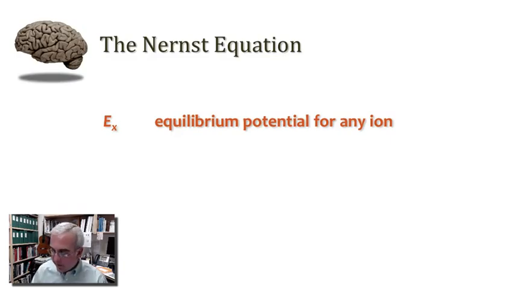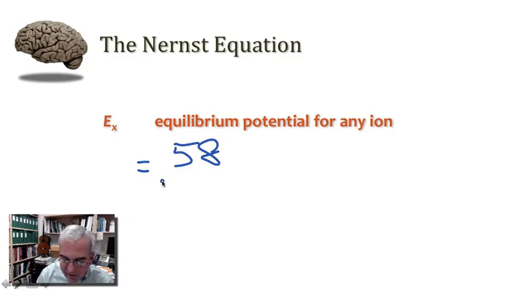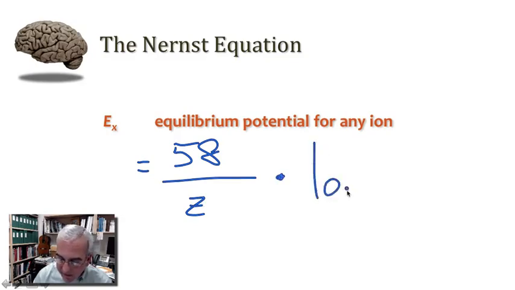Well, if we were to do all that, we can express the Nernst equation in fairly simple terms. We can say that the equilibrium potential for any given ion is equal to the number 58 divided by the valence term of that ion times the log base 10 of the concentration gradient.